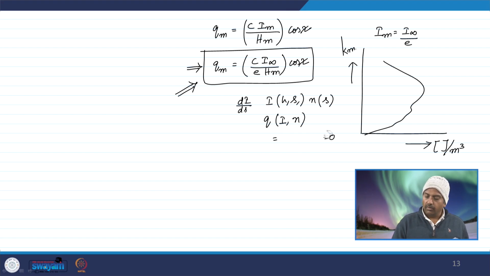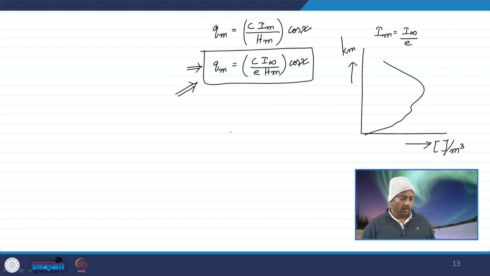Right. So, are we complete yet? No, we have not yet reached the final result. Okay. Now, Qm is the peak number of electrons produced at one altitude, not every altitude. Now, these electrons which are produced are also lost, is it not? Some of them are lost.